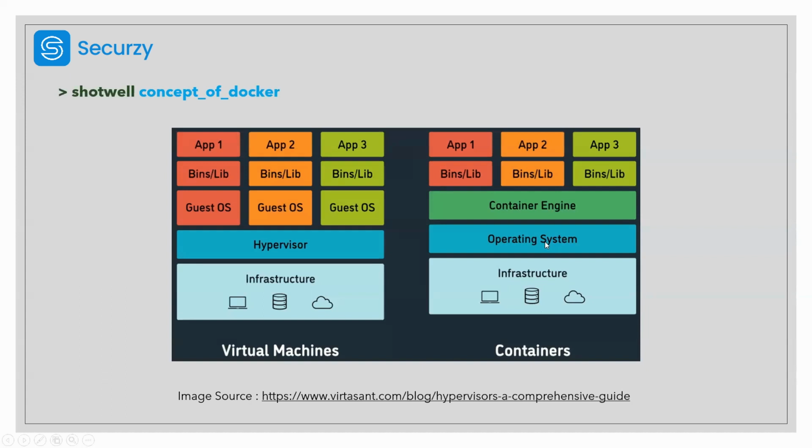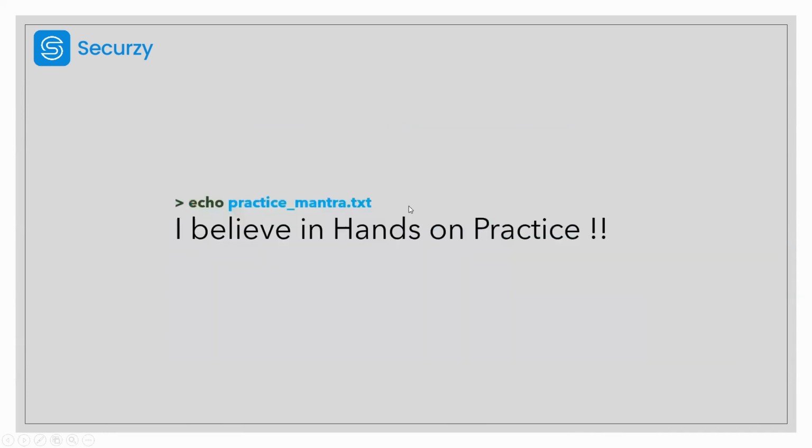We have only one operating system, and above that we install the container engine, which runs separate applications or operating systems in a container, and that container will only use as many resources as it requires while running, in the active state of the container. This is how I chose the Docker containerization system for creating this tool.